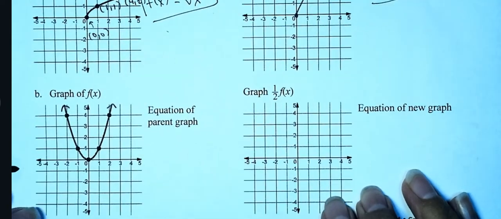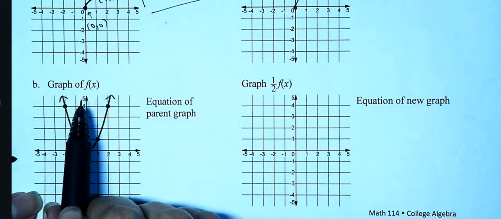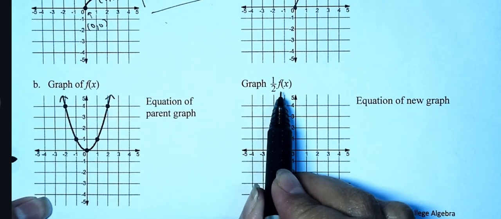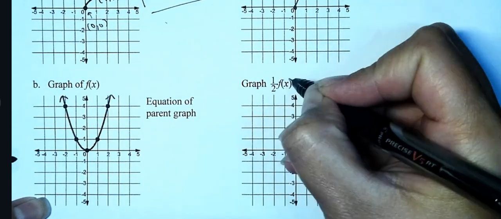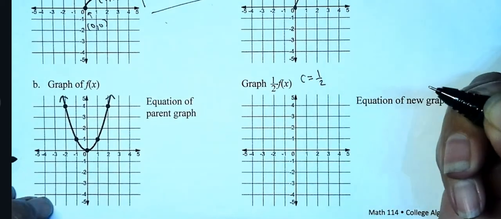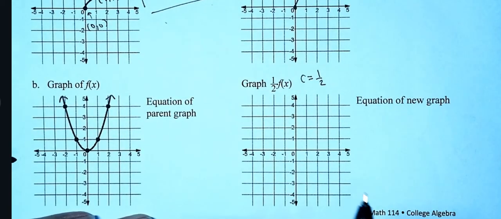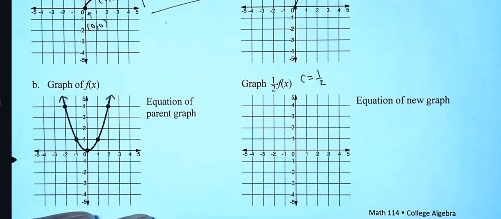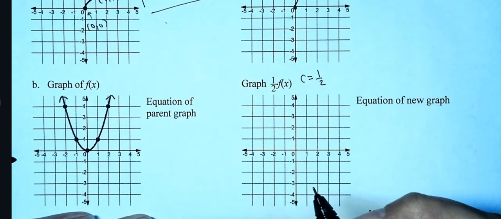Okay, for the grand finale, we have the graph of f of x, and we're asked to graph 1/2 times f of x. In this case, we are multiplying the function value by a half. So c equals 1/2. We're multiplying the function value, so it's going to be a vertical stretch or shrink.